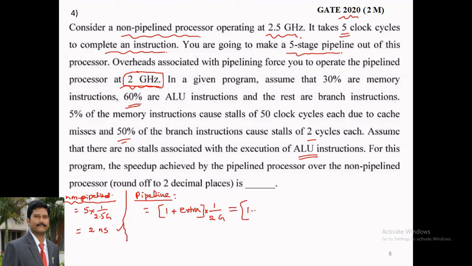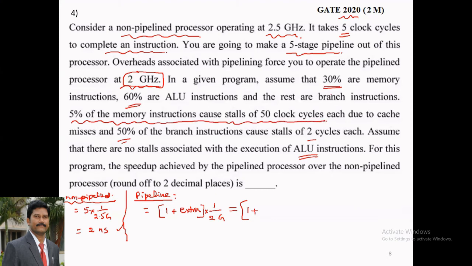So 1 plus, see here, of the total instructions, 30% are memory instructions, okay. In that, 5% of memory instructions cause stalls of 50 clock cycles.